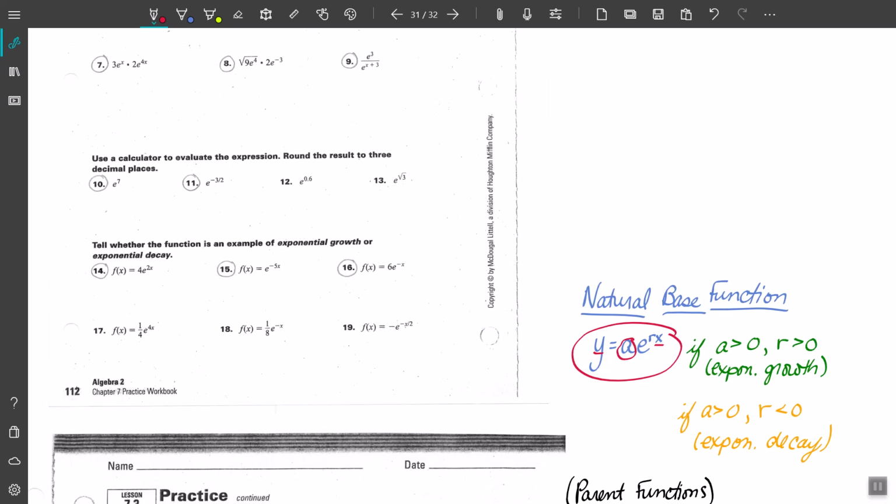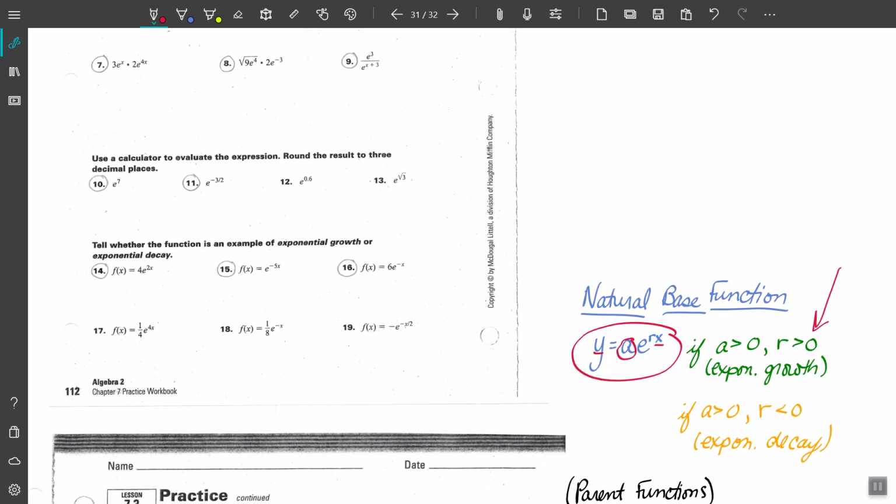Okay, so this is what's going to determine whether we have decay or we have a growth function, which is what they've asked us to identify in 14, 15, and 16 over here. If a is greater than 0 and r is greater than 0, so that I'm talking about a scenario like this right here, you're going to have exponential growth.